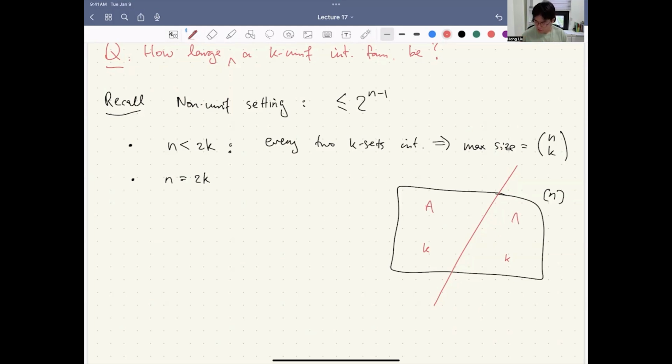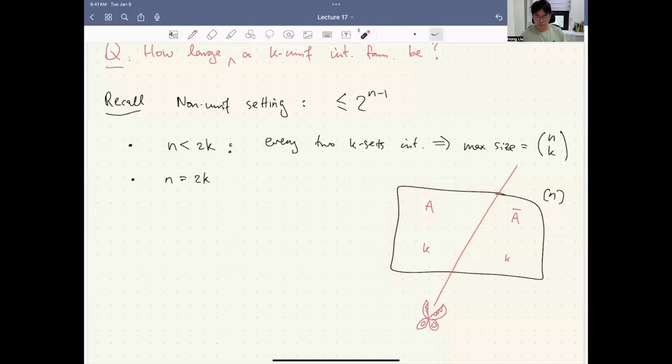If this is A and this is A prime, each of size k, cut into two parts. So if a family is intersecting, A and A prime cannot appear simultaneously in this family F. So for every pair, we lose one.